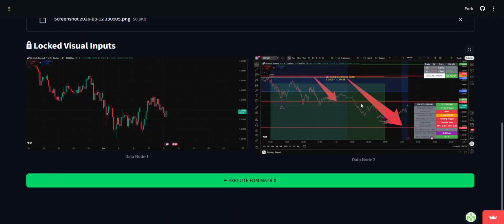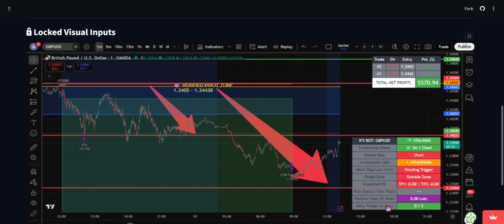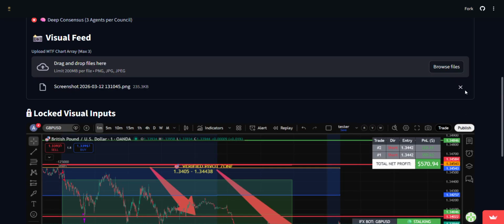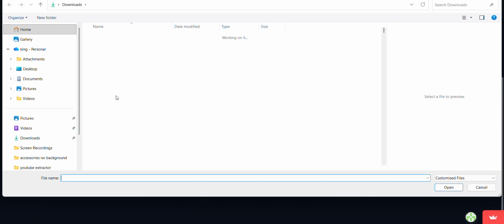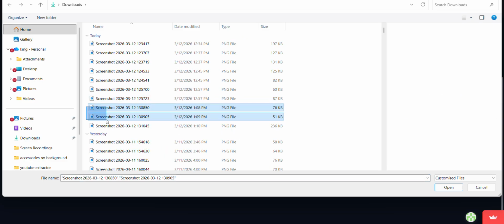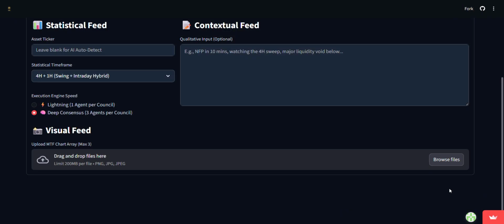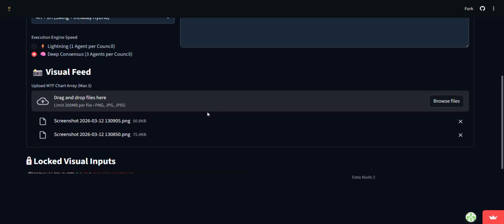Okay, look, this picture is not correct. I will delete this. This is the mistake I made yesterday on the euro. I gave it two wrong pictures and it just copied my own analysis. I'm not making the same mistake again today.